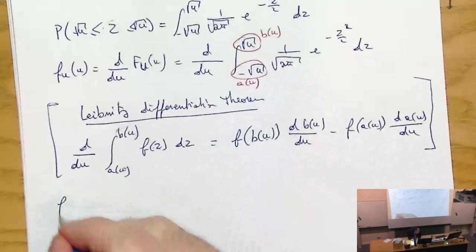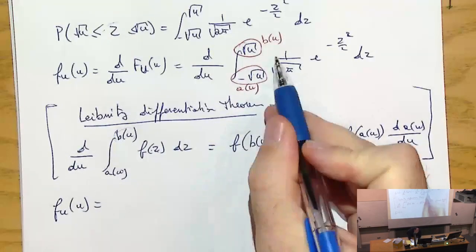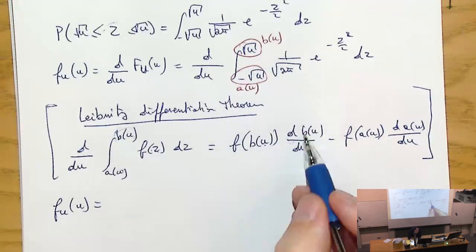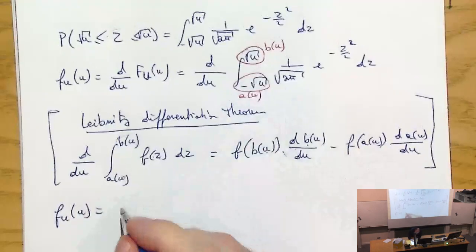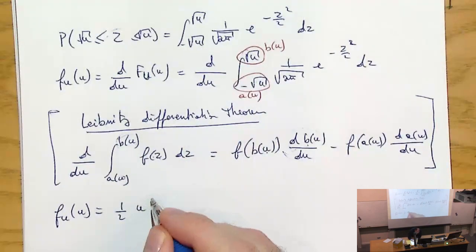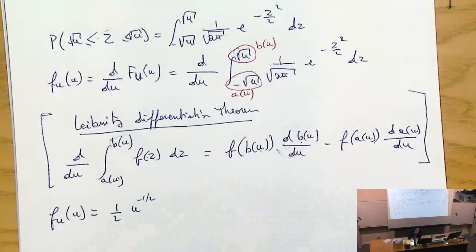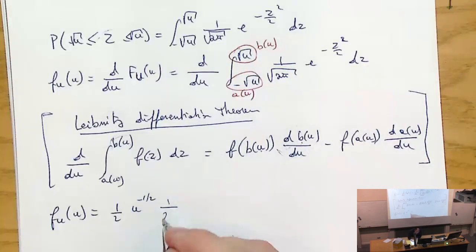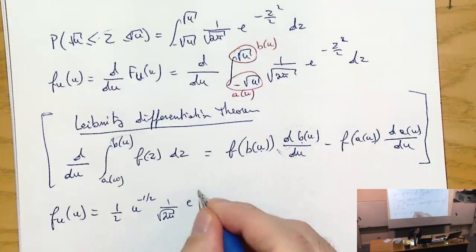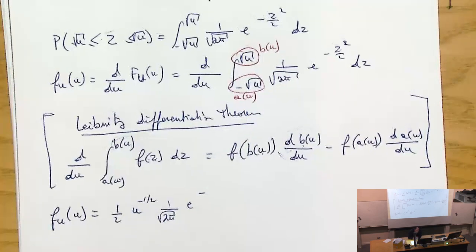And so what do we get here is the PDF of u. I'm applying this to this case. First let's take the derivative of b with respect to u. So this is 1/2 u to the minus 1/2, multiplied by f evaluated at b of u. So this is 1 over square root of 2 pi, e to the minus z squared over 2, and I replace z by square root of u.